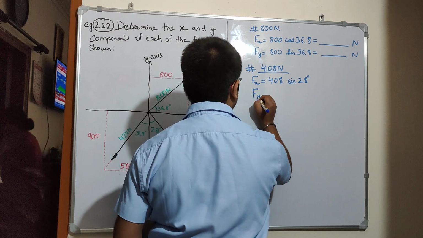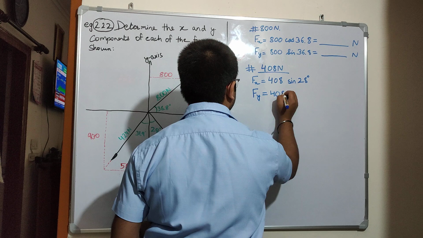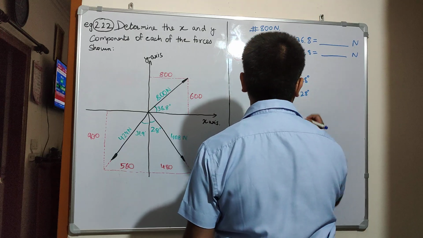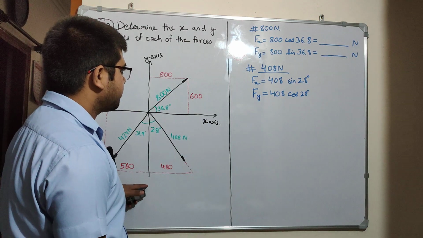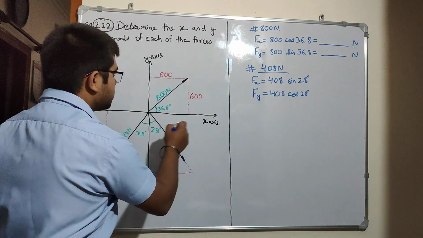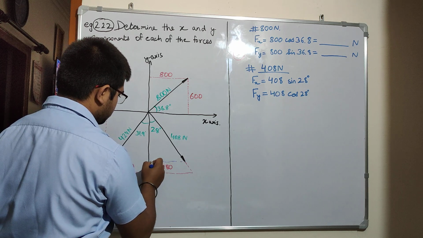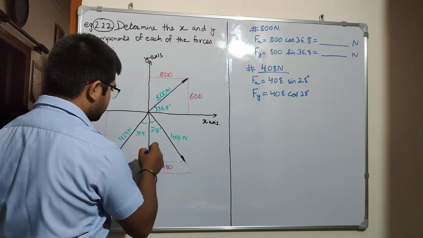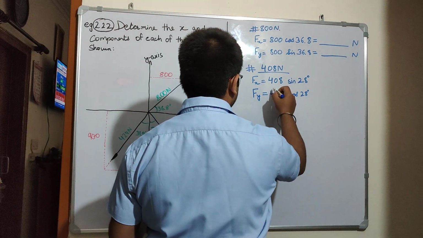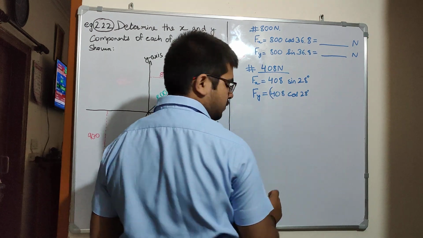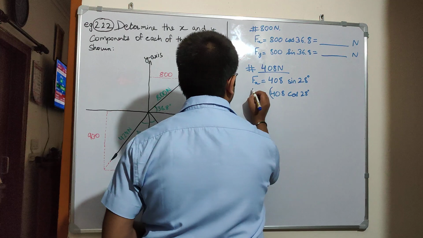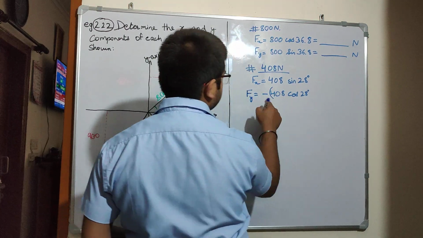And Fy will be 408 cos 28 degrees. Now we can see that Fy is equal to 408 cos 28 degrees, and it's in the negative direction. So we'll put a minus sign here.